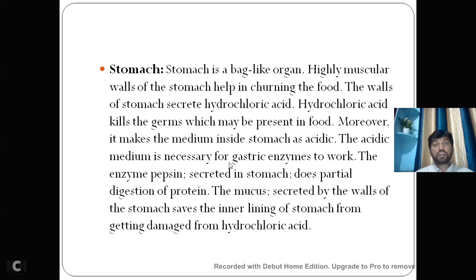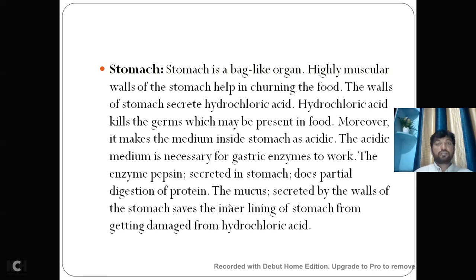Our stomach is made up of cells and muscles. It can damage the muscles in the stomach lining, but our stomach already has a protective layer of mucus which will protect the stomach lining from the action of hydrochloric acid, right?